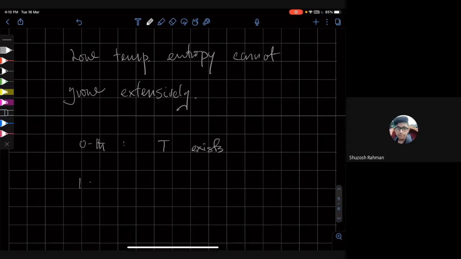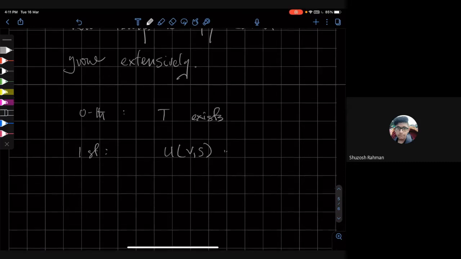And the first law means that there exists a state function called internal energy. Okay, so this was a function of V and S. Well, it can be functions of other things too, but yeah.